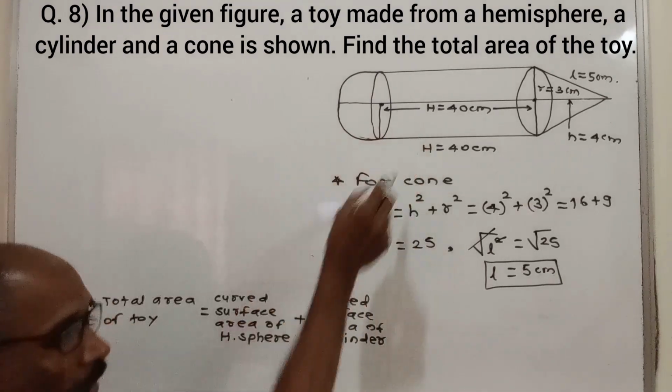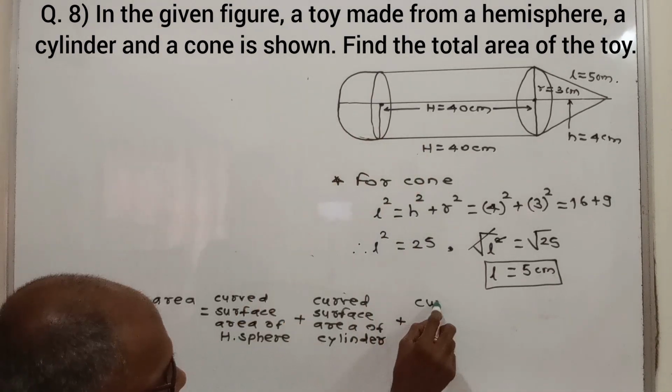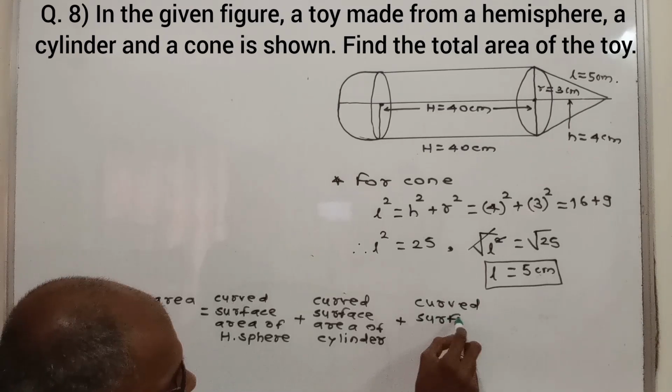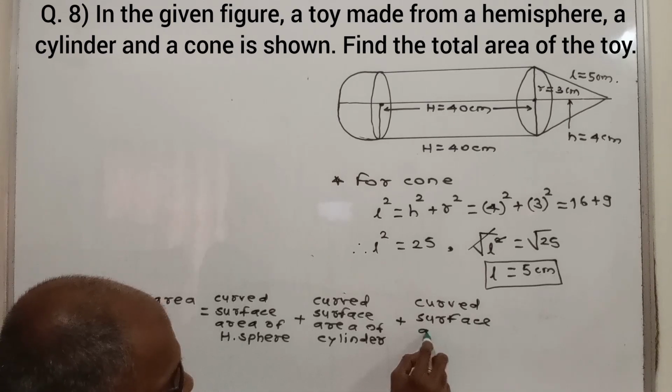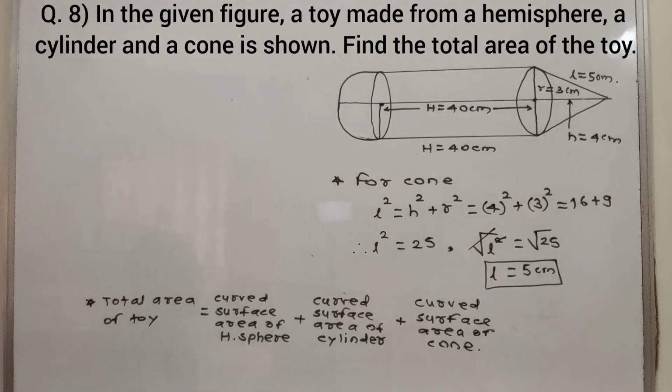See this, hemisphere, then cylinder, plus curved surface area of cone. Did you get it?